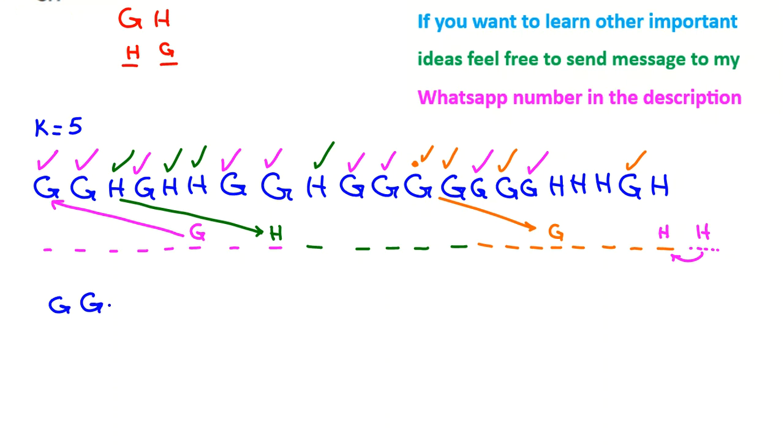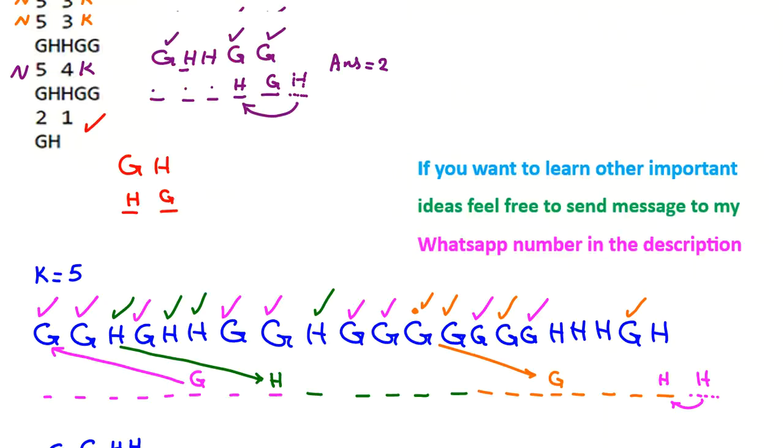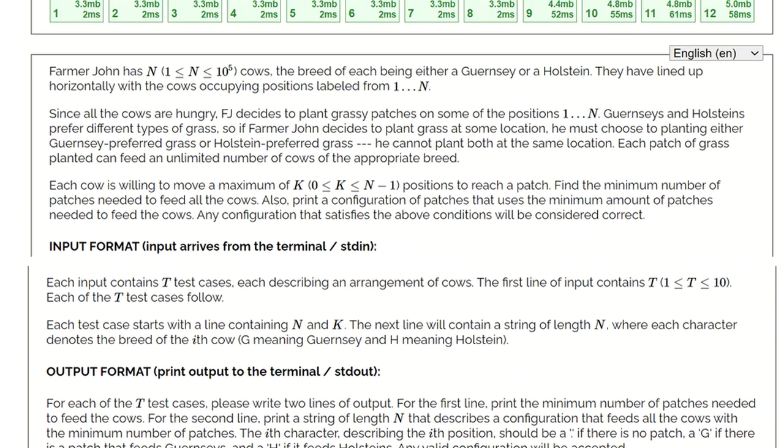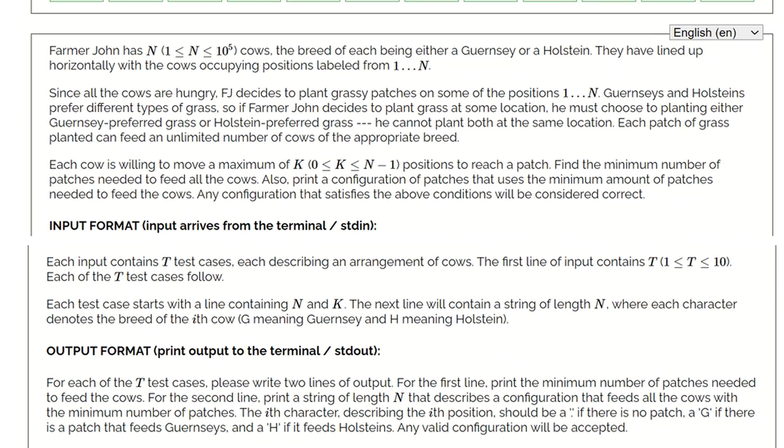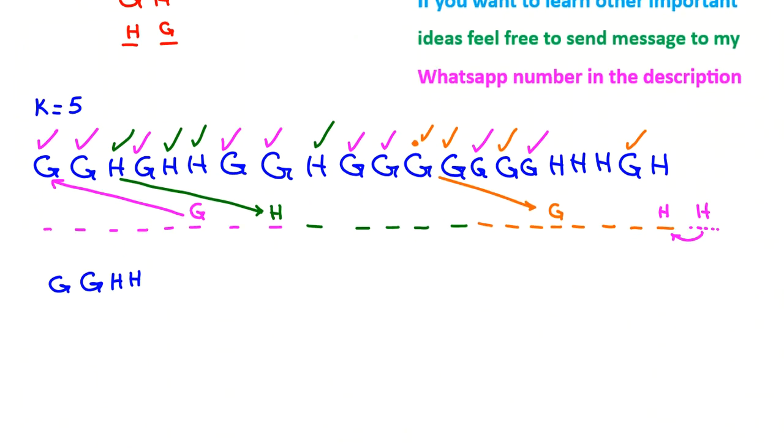And if I want to tell you an example that they will be outside, for example, G, G, H, H, and the problem says K is less than or equal N, or not, less than or equal N minus 1. Okay, let me find an example that it covers last thing. So, example, suppose 1, 2, 3, 4, 5. So I place G here, then we have G in this position, H here, H in this position.